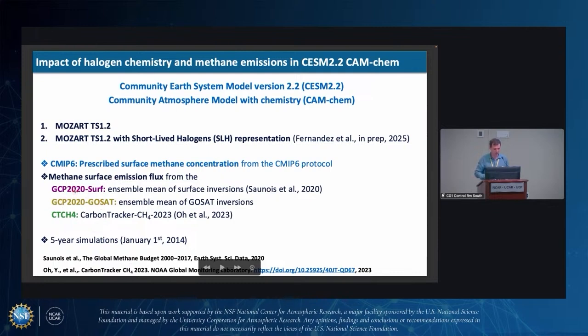We contrast them all, so you get a double of chemistry and emissions and prescription in all of them. This is a 5-year simulation to look at 2016-2018 results with ATom observations initially.